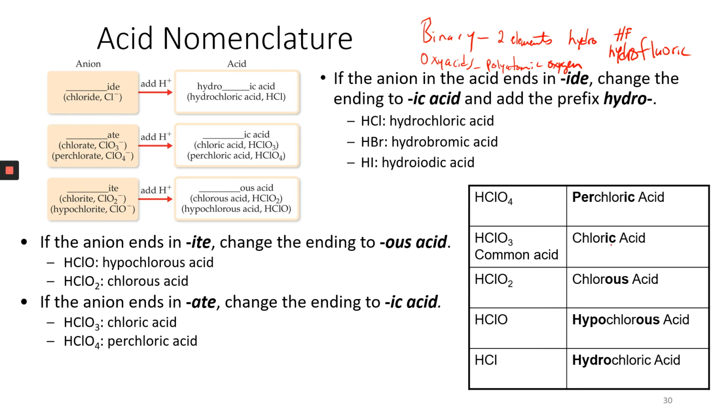So you have your common acid, and you change your ATE to an ic. So here's your common acid, and you make it chloric acid. If you have one more oxygen, it becomes perchloric.